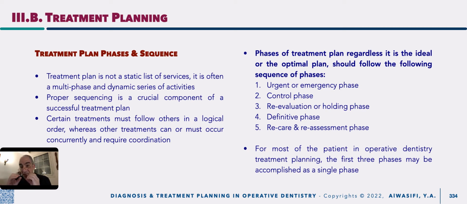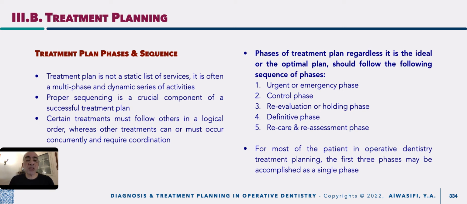But if it is a dynamic treatment plan, then you should assess the oral hygiene and the periodontal condition again. That may drive you to refer the patient again to the periodontist, or let the patient follow the oral hygiene again, or force him or motivate him one way or another, but don't go for the final restoration unless you make sure that the periodontal condition is fair enough to ensure proper diagnosis.